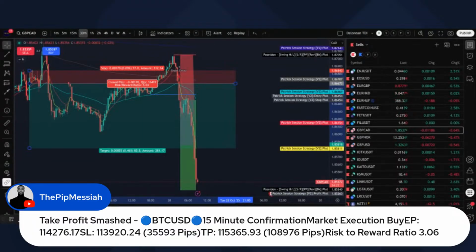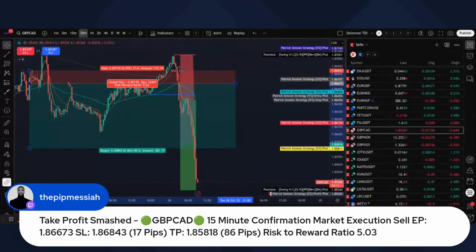All right, another win. This is take profit smash on Great British Pound versus Canadian dollar. Again, congratulations for those of you that took that particular trade.